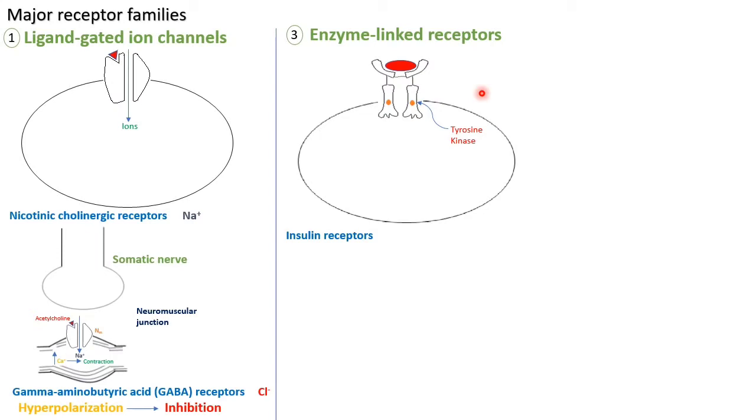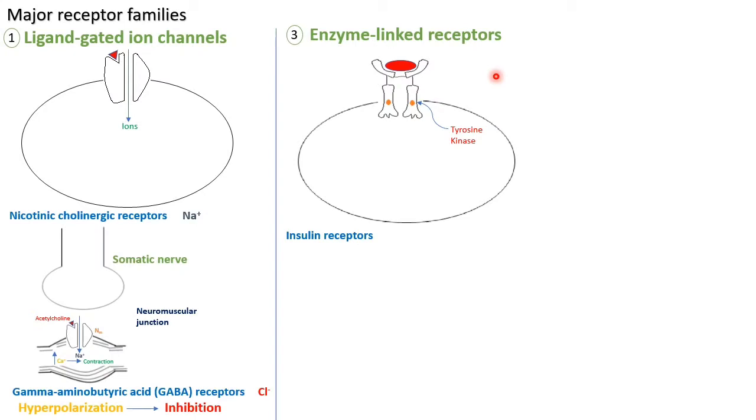So what happens when insulin binds to this receptor? When insulin binds to this receptor, tyrosine kinase is activated. So tyrosine kinase phosphorylates tyrosine.